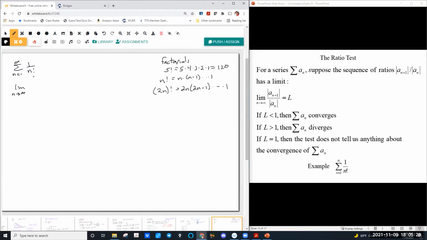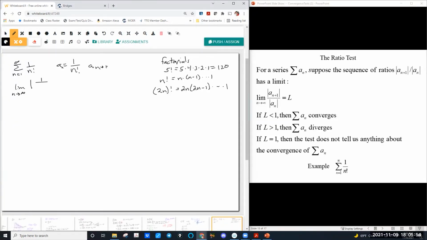I'm going to write it all out now, but I'm going to tell you some things that you can shortcut or some things that you don't need to include as you get better with this. Number one, there's no negative terms. So if you don't want to write the absolute value, you don't have to. But a sub n plus 1 goes on top. So for this one, a sub n is 1 over n factorial.